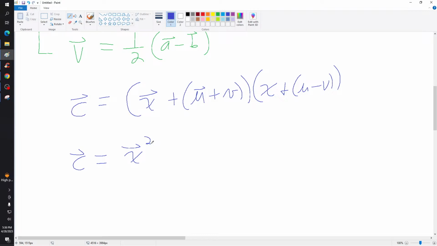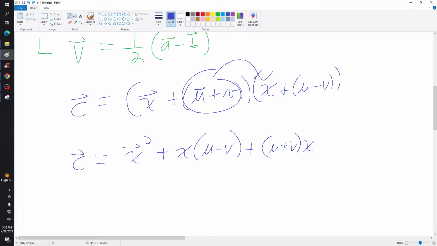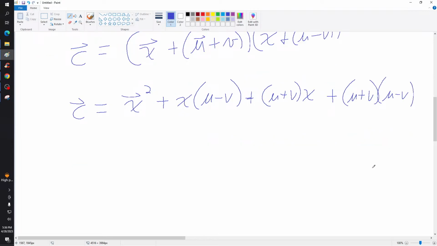We're going to leave this in U plus V form: X times U minus V plus U plus V. Remember, this is not commutative. X goes on the right here because this is on the left side into a right-handed X. Plus U plus V times U minus V. We get C equals X squared, and we're going to still leave it in this form of U minus V for now.